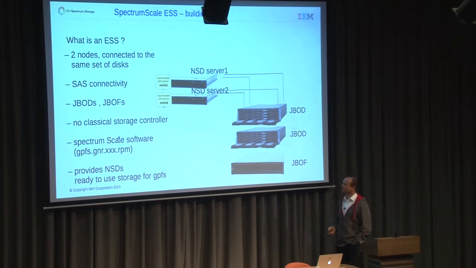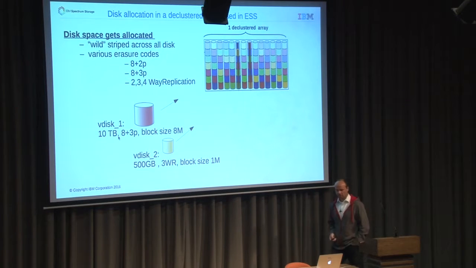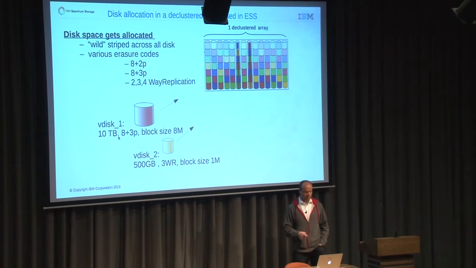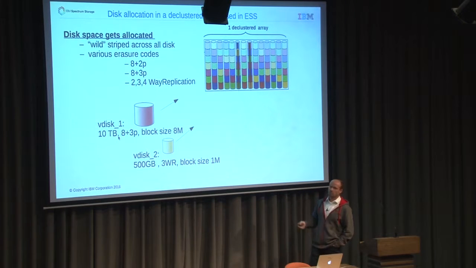Zoomed in a little bit more in this picture, you can imagine it like this. You have here a bunch of disks, those are the physical drives. And now we allocate this space here with various erasure code levels: 8+2P, 8+3P, 2-way, 3-way, 4-way replication. I mean, you could allocate this unreplicated, you can do that. And it's completely wide-striped among all these drives.